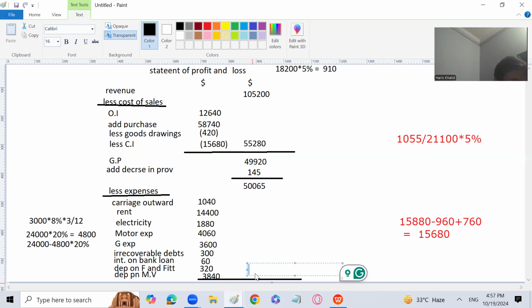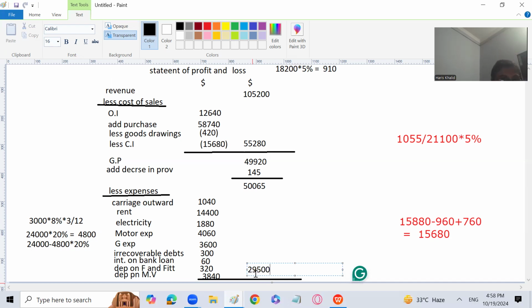1040 plus 14,400 plus 1880. You can do it with me because I told you that I'm solving it for the first time, so I'm a little bit more cautious. 360 plus 320 plus 3840. The total expenses are 29,500.